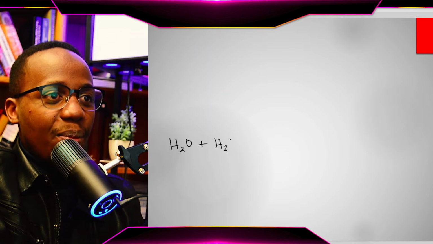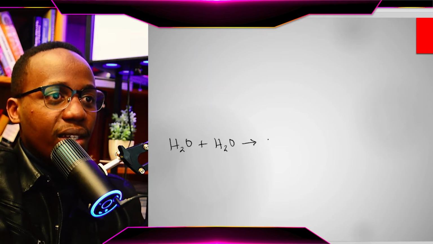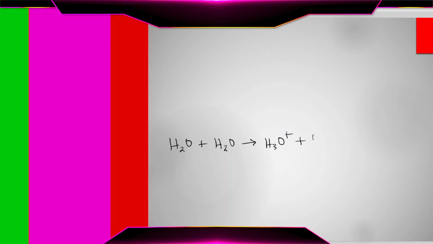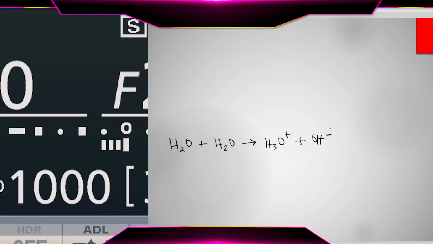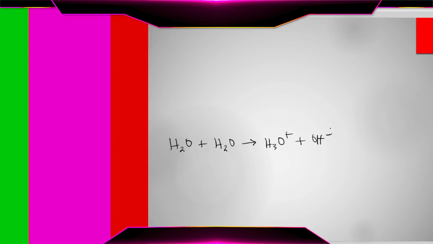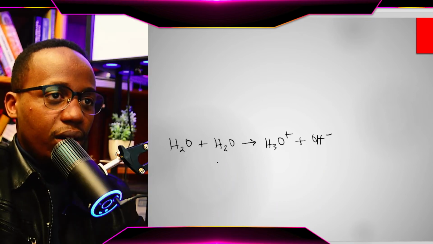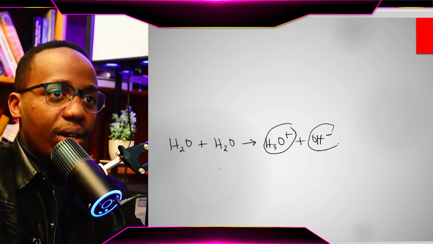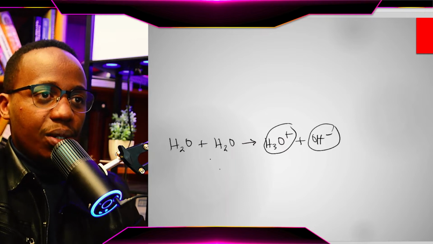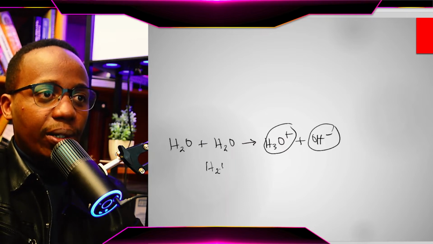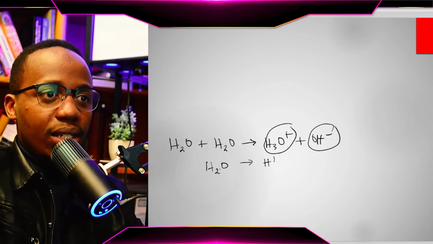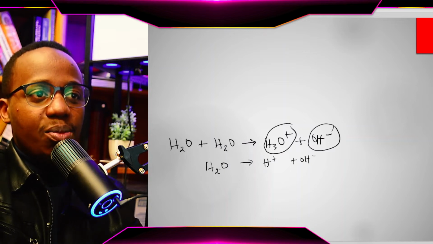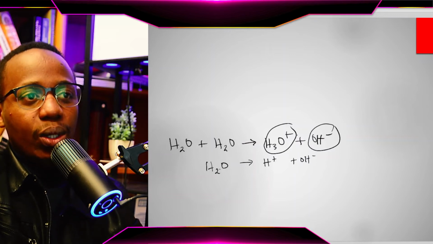And what happens is that one water molecule gives away a hydrogen, the other one receives it to get something like this, which tells you that in water you always have H3O plus and OH minus. Another way you can think of it is H2O gives away H plus and OH minus. This is the same thing, it's just that H plus is never by itself, it's bound to water.